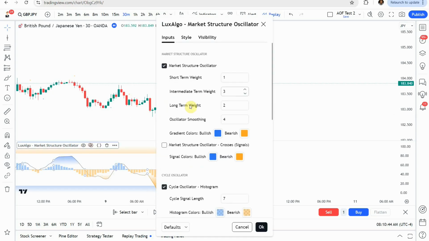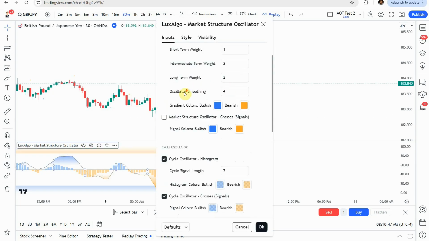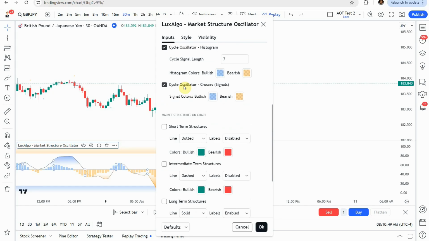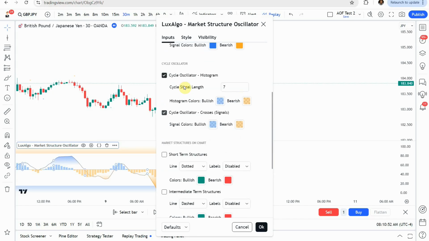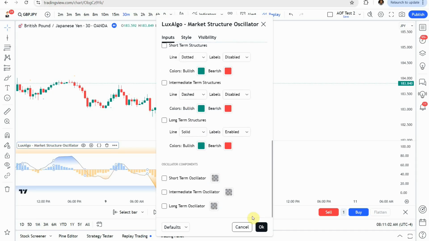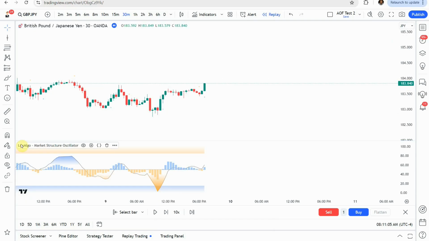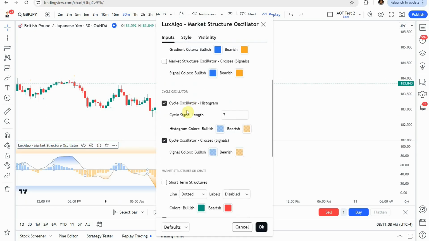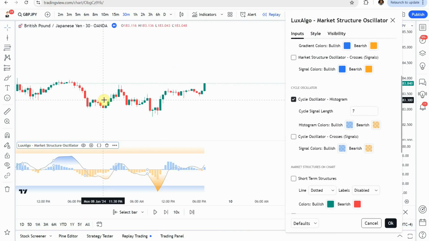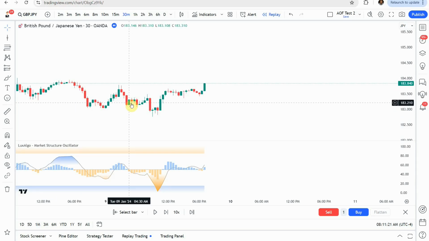We'll jump into the settings of this, and the only option that we are going to change is we are going to check the cycle oscillator crosses signals, this one right here. Go ahead and click on that and hit OK. And now you can see that if I bring it back up and scroll down, if I uncheck that option, you can see that on price action, the bars, there are no extra features or anything applied to the chart.